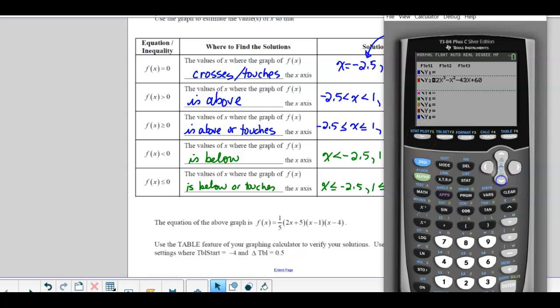So clear off anything that you have there, and enter that function. If you have the capability for a fraction, you can use that. So 1 over 5, or 1 divided by 5, is the same thing.